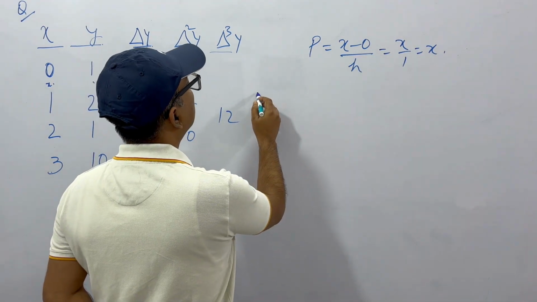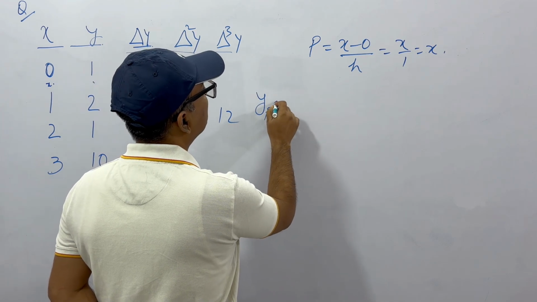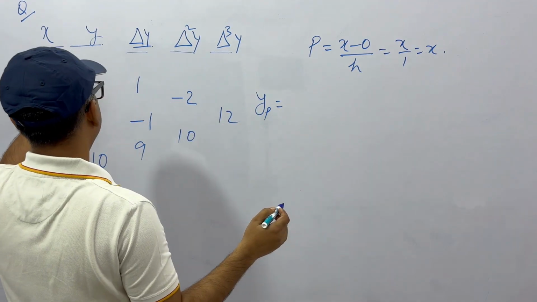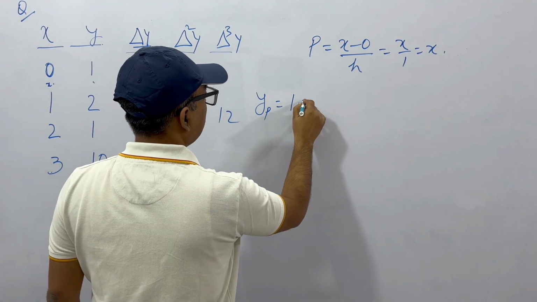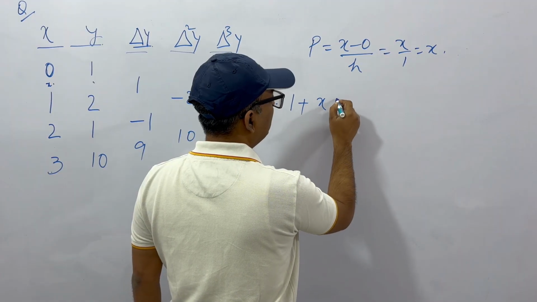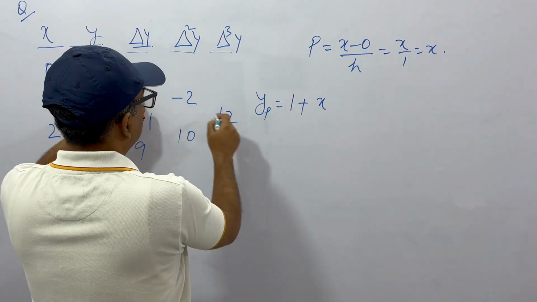What is Newton's forward interpolation formula? Y will be, first term will be y 0. So this is, see, 1 plus p, that is x, into delta of y. See, this is a series.